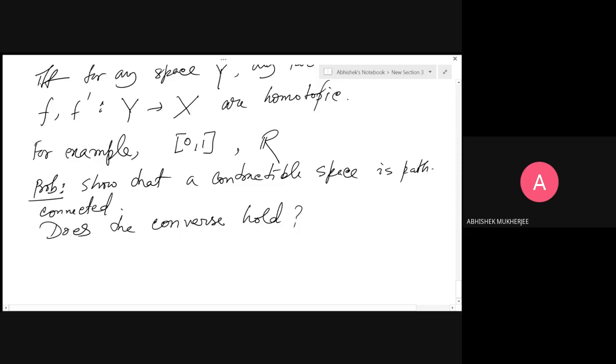In fact, if you consider a convex subspace in Rⁿ, then you actually have a contractible space. That is, a convex subspace in Rⁿ is contractible. So these are all basic questions and exercises.